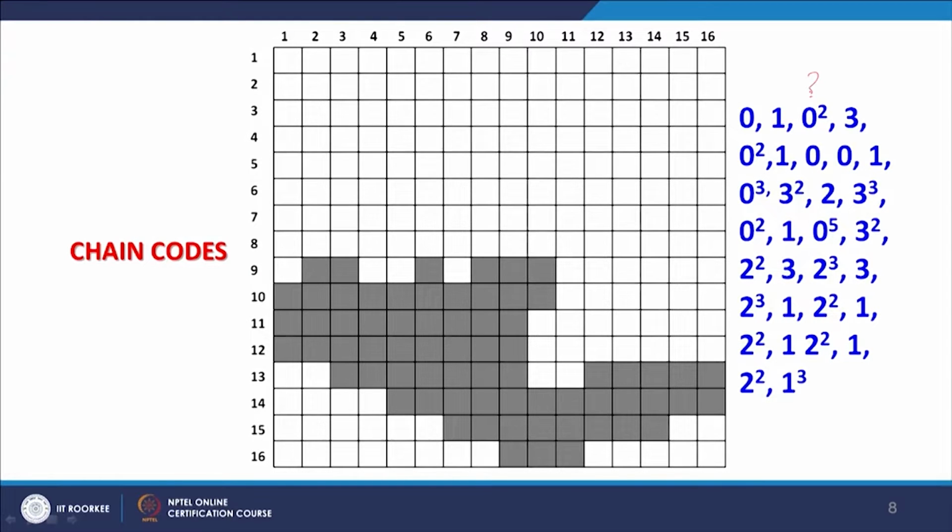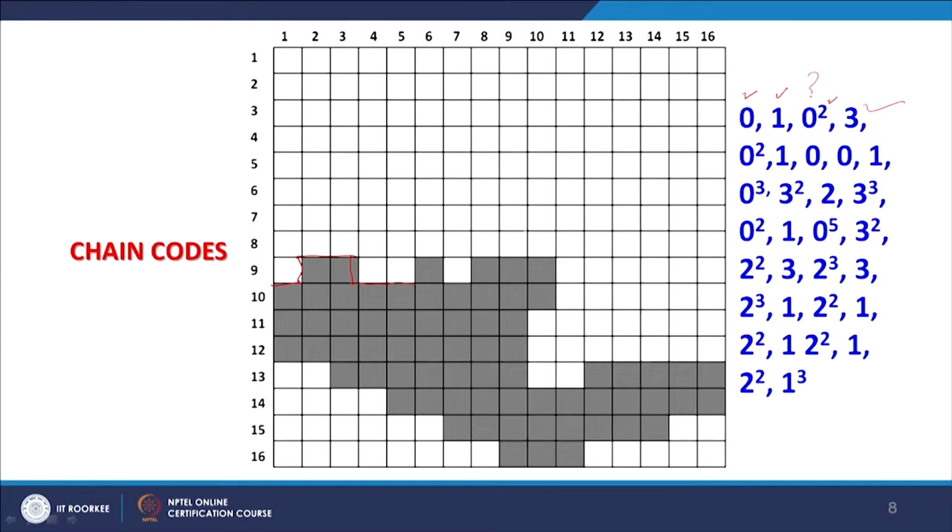So, we start with a 0, that means we are moving now towards the east direction, 0 for east, then one cell towards the north. So, 0, then one cell towards the north, then 2 cell towards the east, then 2 cell towards the east, then 1 cell towards the south. So, 1 cell towards the south and then again 2 cells towards the east.